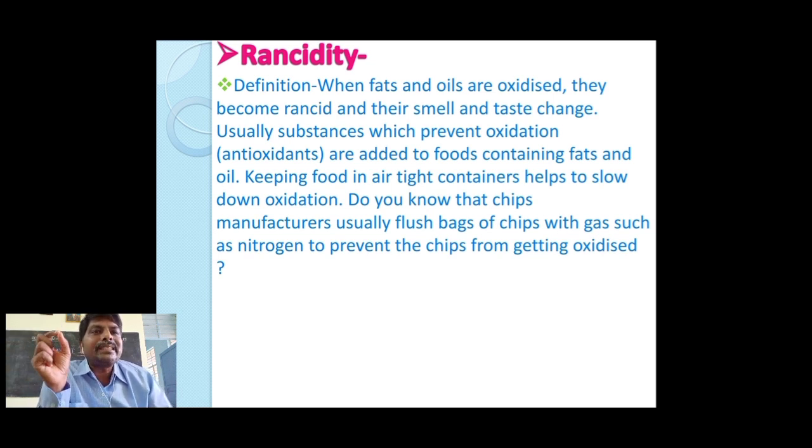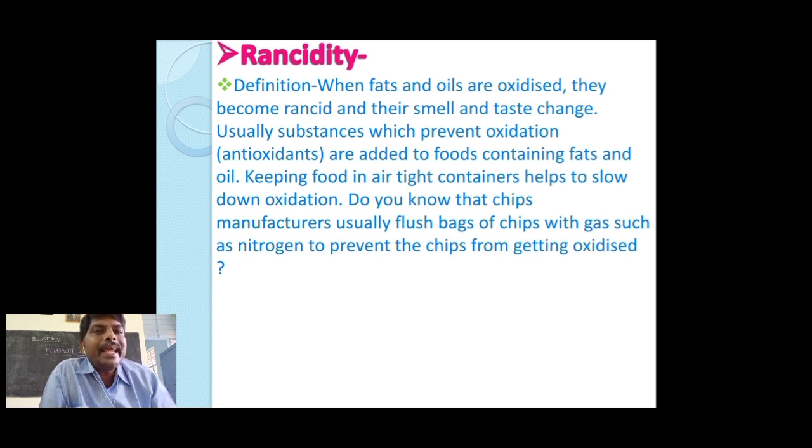Usually antioxidants are added to foods containing fats and oils. BHA is one example of an antioxidant.